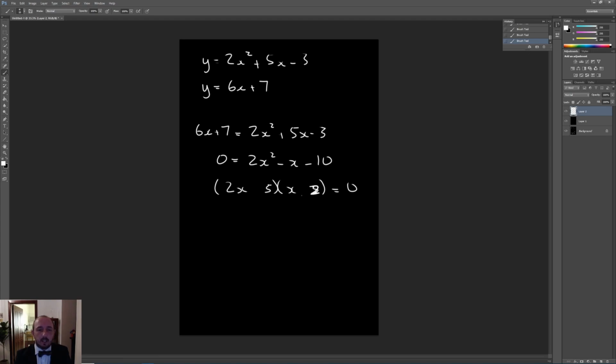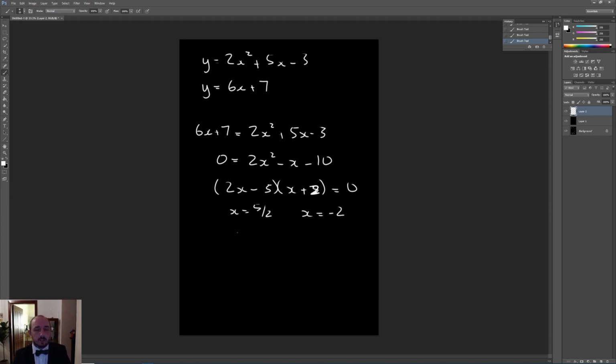So we'll have a plus here and a minus here. Yep, that works. So we've got x equals 5 over 2 and x equals minus 2.